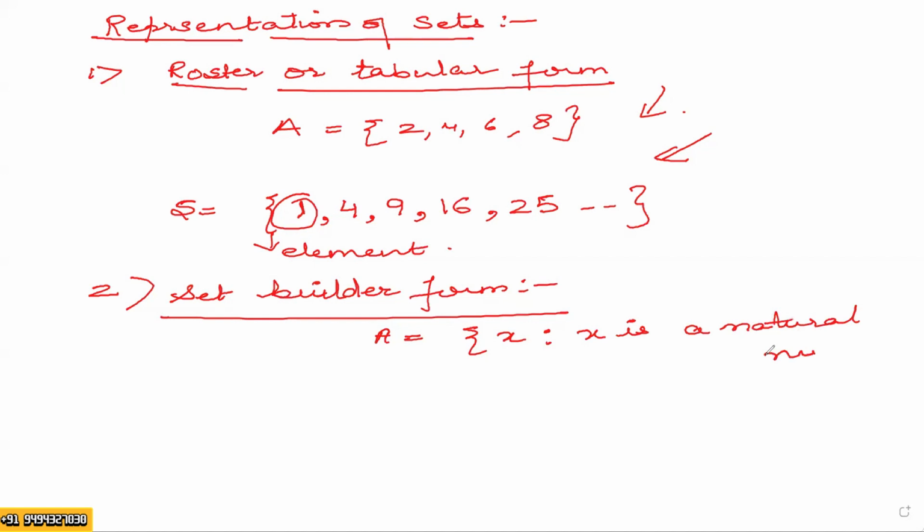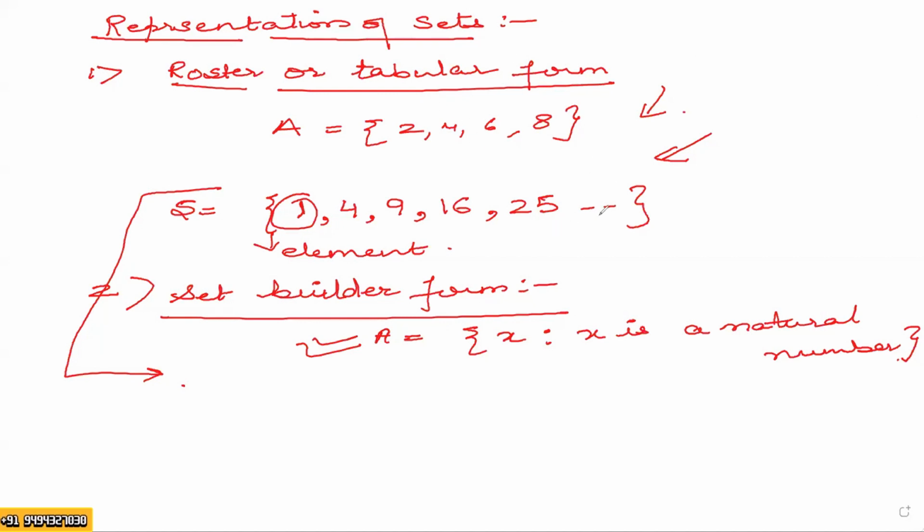So how can you write this set in roster form? Basically, when you are writing a variable representing any member of the set, or when you are writing your statement in words, that is called set builder form.